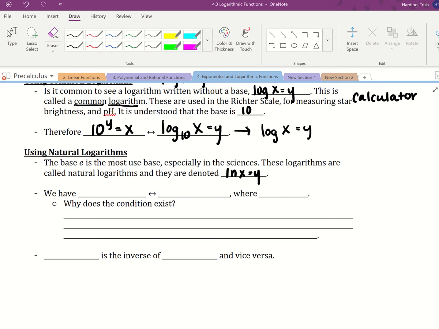So if we have e to the y equals x, then we're going to have ln x equals y. And note we also need x is greater than 0 here. Can't take a negative logarithm. It exists for the same reasons above.